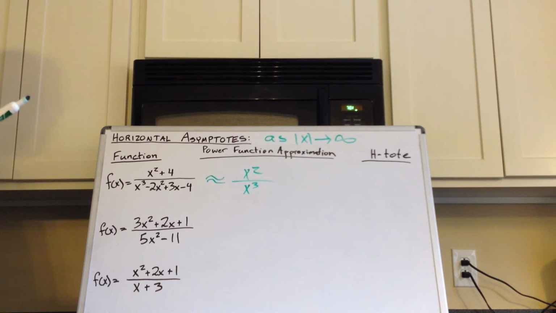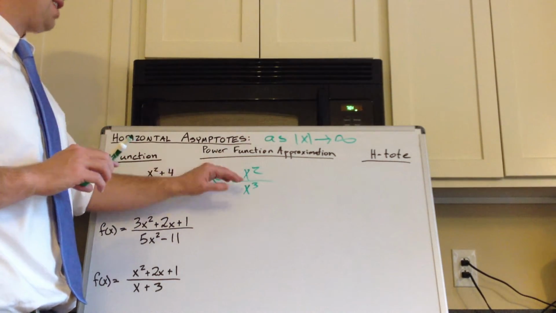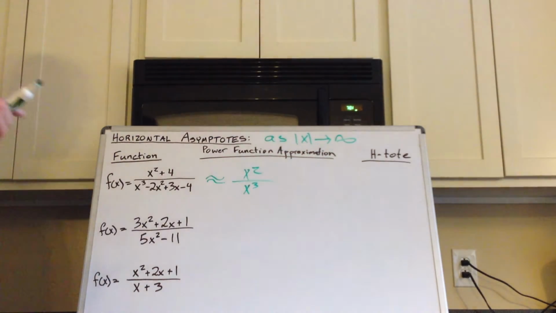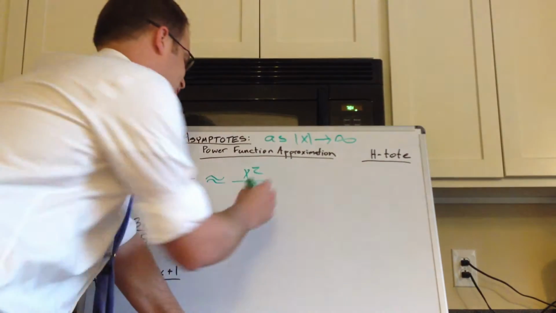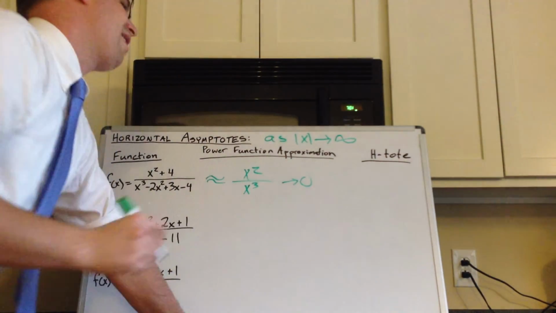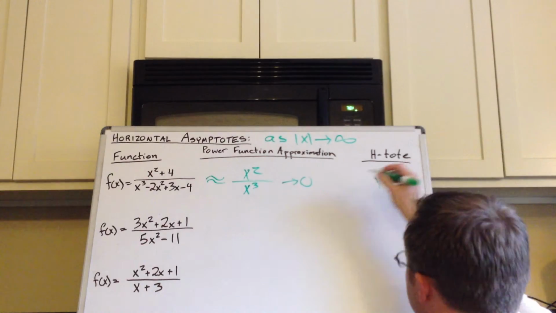That's only at 10. So since the bottom is growing bigger and bigger faster, as x approaches infinity, this fraction is going to approach 0. So we're going to have a horizontal asymptote at the line y equals 0.